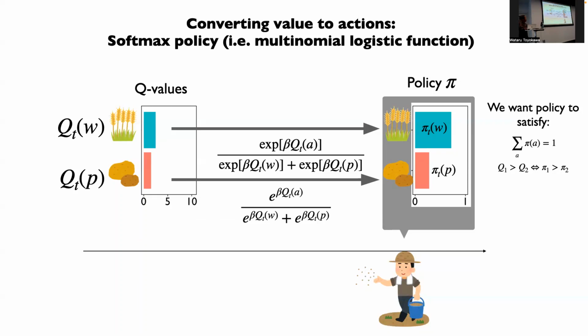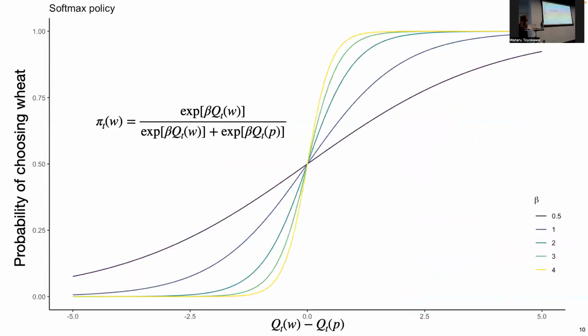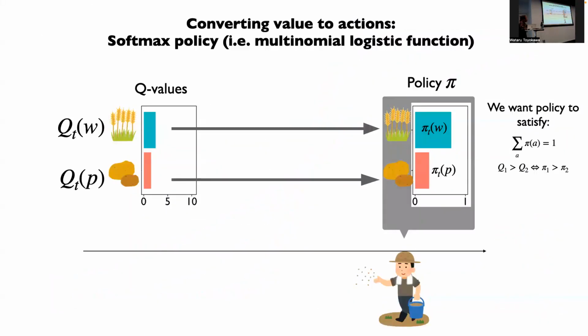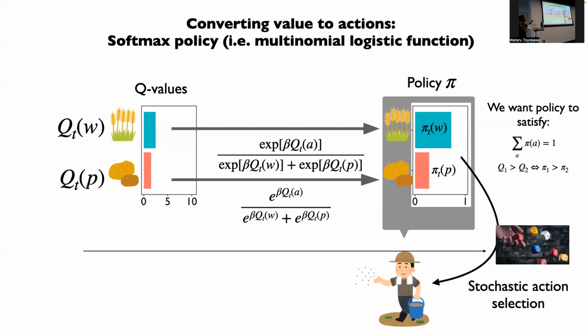The beta here is another key free parameter, sometimes called inverse temperature. Let's say, for example, beta is extremely large. I'll explain that later.